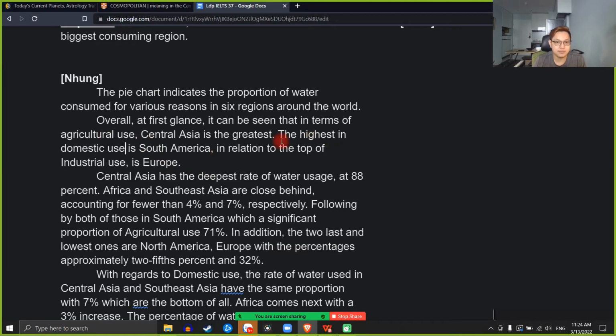The highest in the meanwhile, trong khi đó đi. Thêm một cái từ nối đây. Meanwhile, you need a linking word here to make it sound like you are trying to compare things, you know. Thêm từ nối đi, giống như là mình đang so sánh thứ này thứ kia. The highest in domestic use is South America. In relation to the top of industrial use is Europe.